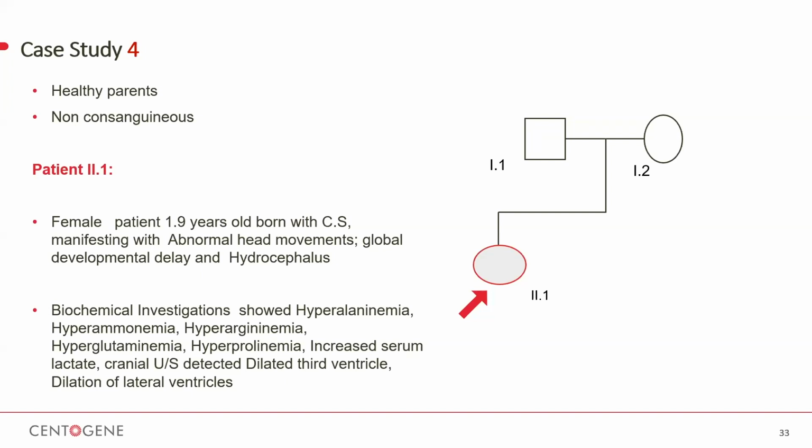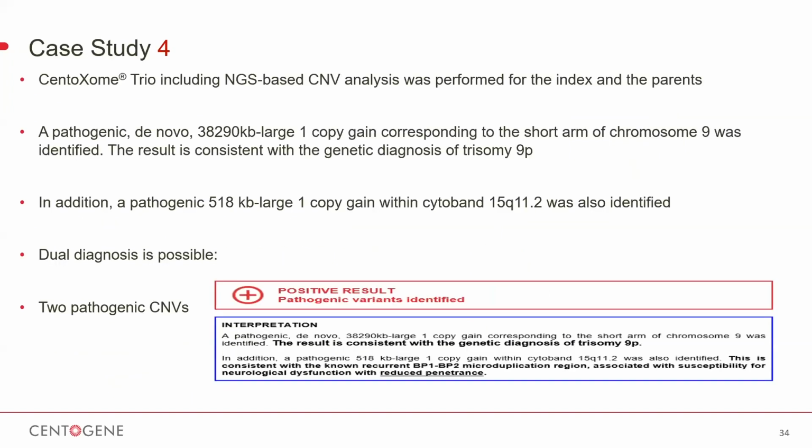Cranial ultrasonography detected a dilated third ventricle and dilatation of the lateral ventricles. So CentoXome trio was performed at CentoGene for the index and the parents, including copy number variants. Surprisingly, the patient has 2 duplications, a dual diagnosis, with 2 pathogenic copy number variants.